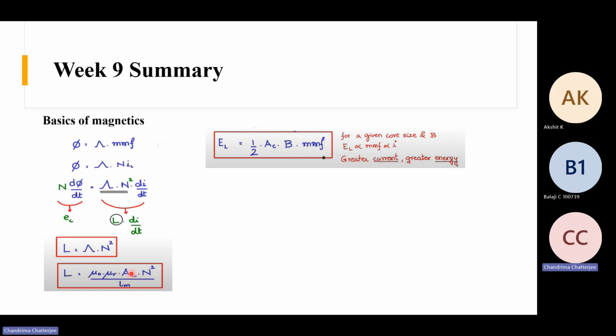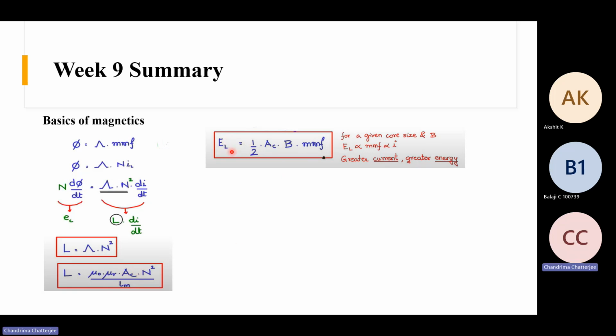AC, the cross section area of the core, you will get from the data sheet. LM is the magnetic path length, which will also be provided in the data sheet. And N square you will know, the number of turns will be known to you. So if you know all of this, you can design your L, right?